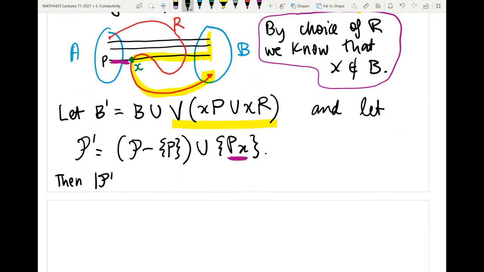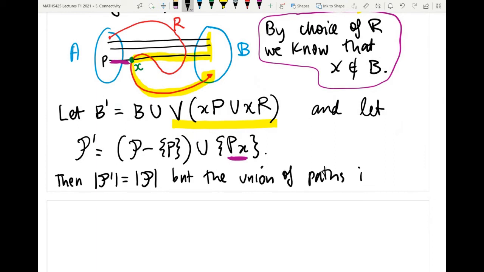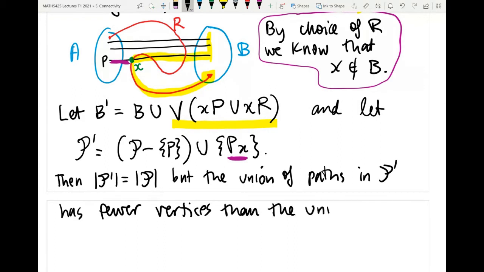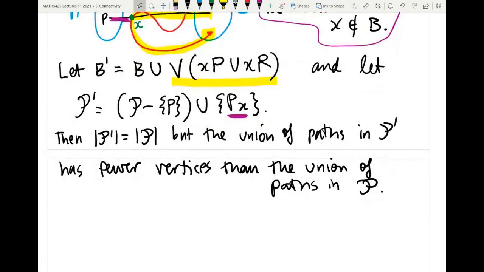We still have the same number of paths, but the union of paths in P primed has fewer, or strictly less, vertices than, I'll write it all out again, the union of paths in P, curly P, and that's basically because you've lost X, if nothing else.